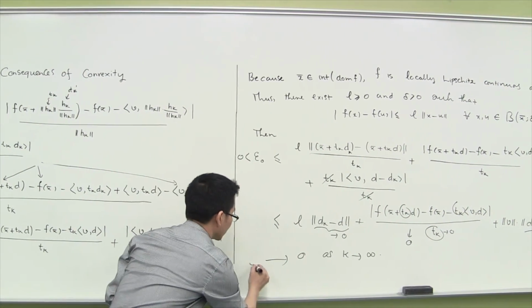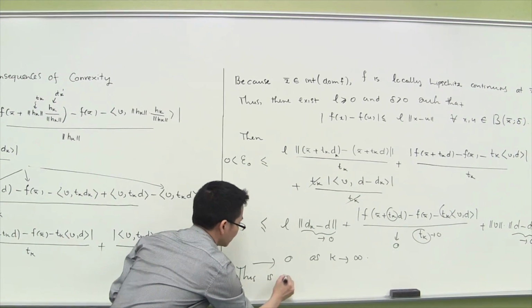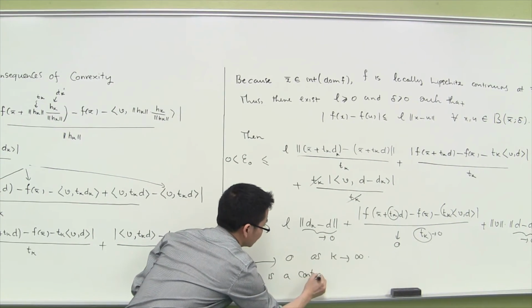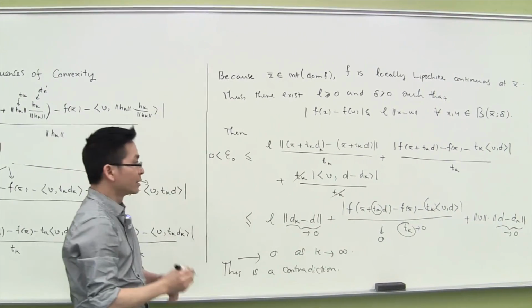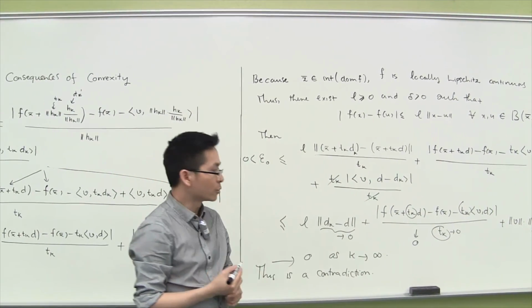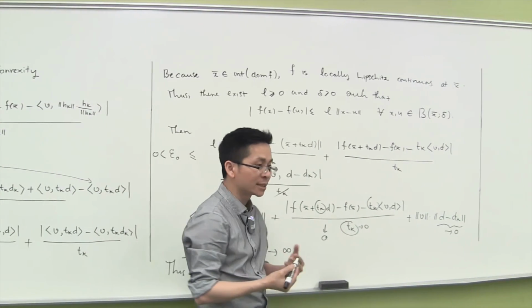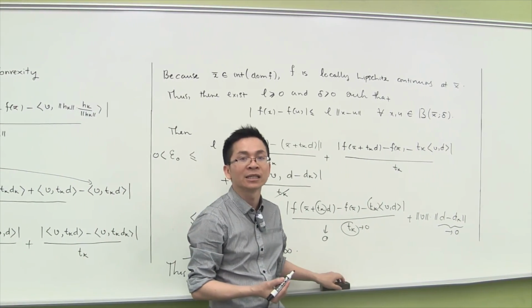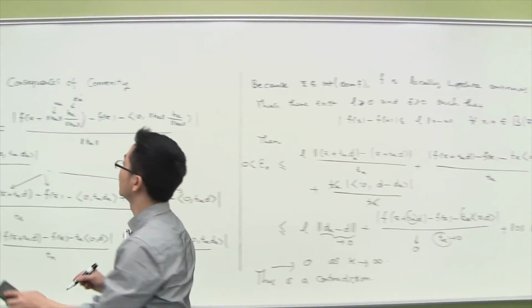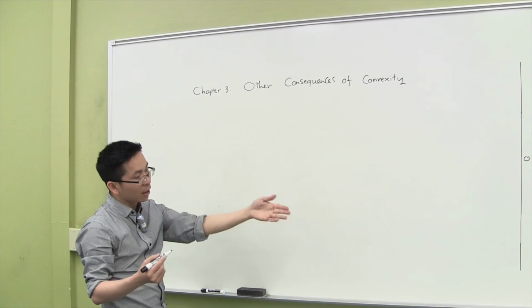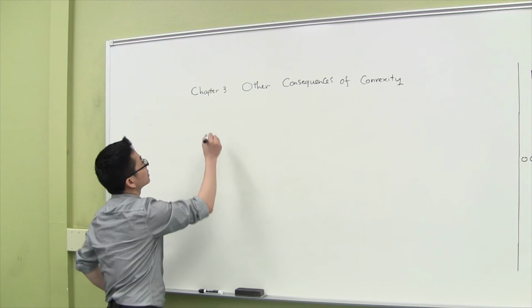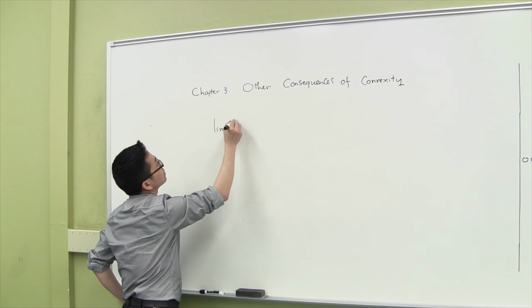So this is a contradiction. Okay, so this contradiction shows that the expression star must be satisfied. And what is the expression star? Let me recall it. So this contradiction shows that this limit is equal to 0.